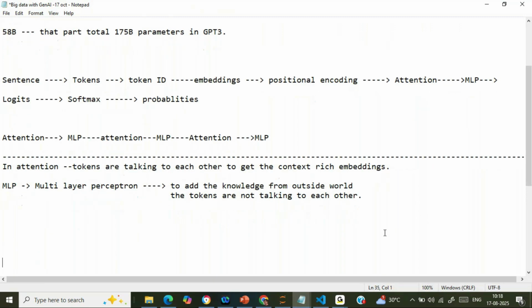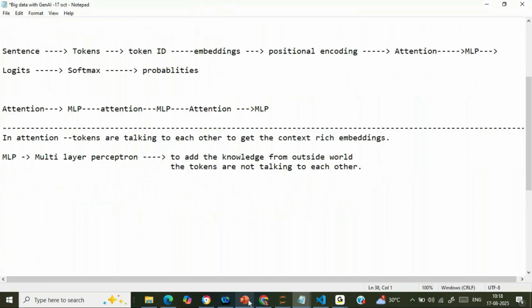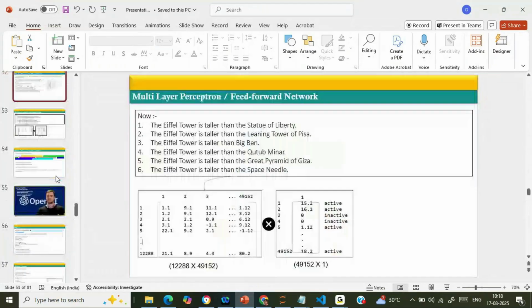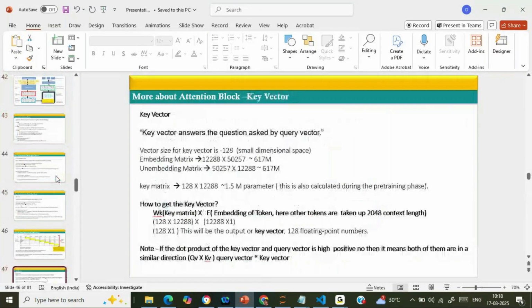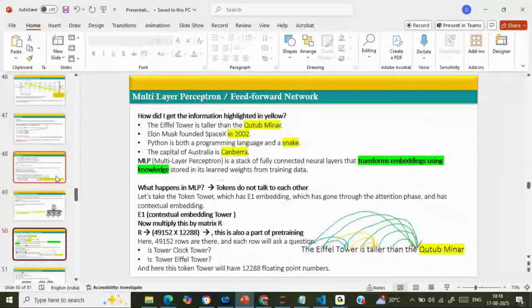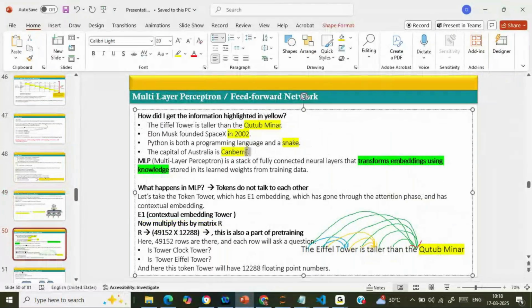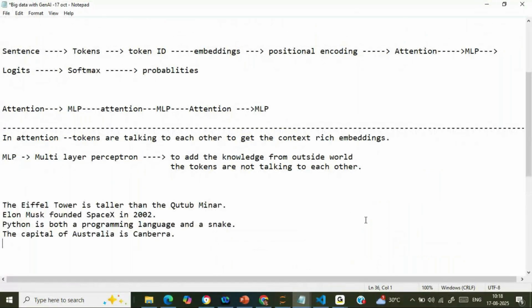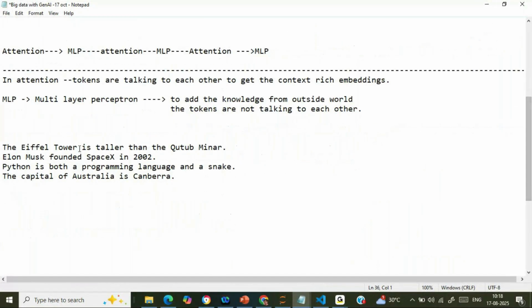I'm giving certain examples, and let me copy these examples from the presentation. Over here, I have certain sentences.